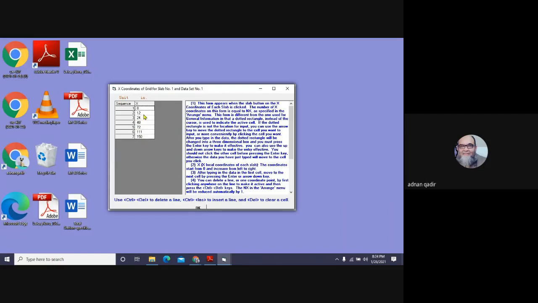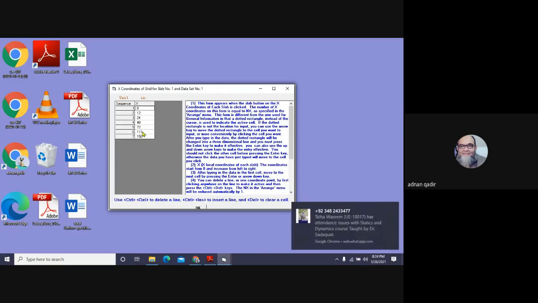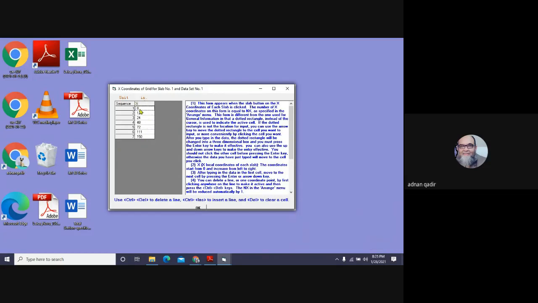Now it's up to you how you divide 150. You can have 5 node points, which can be 0, maybe 30, 60, 90, 120, 150, or we may say 150 divided by, maybe I will take, say, 8.